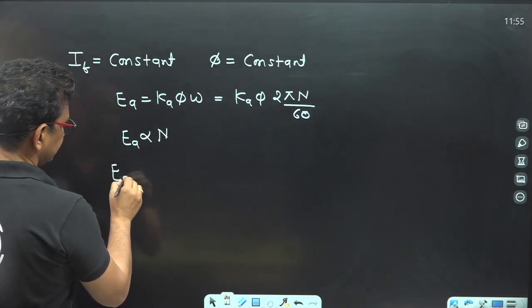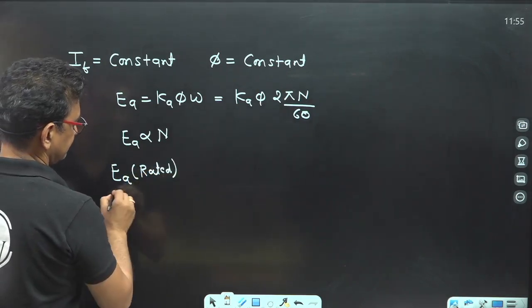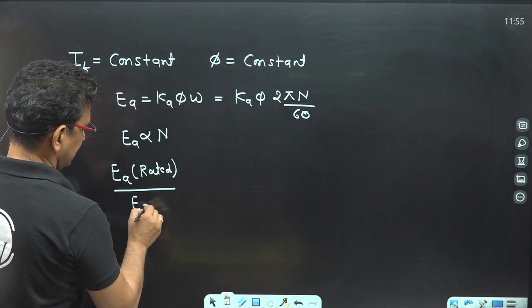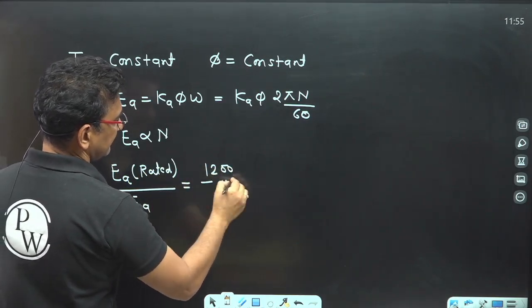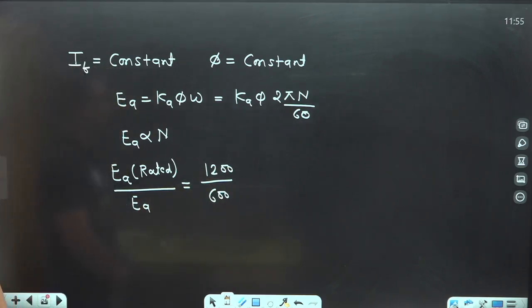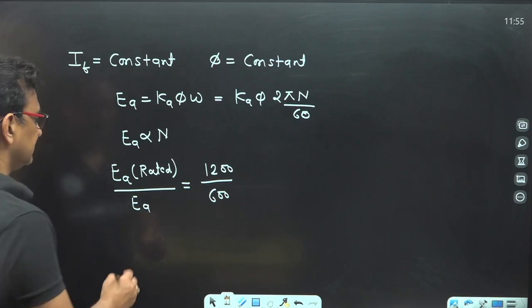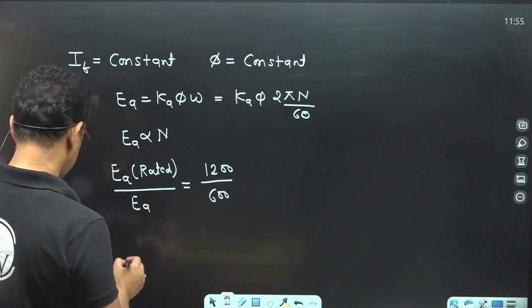So in the rated condition, the induced EMF, Ea rated, was 200 volt, running at 1200 rpm. So when the motor is running at 600 rpm, what is the induced EMF at that time?